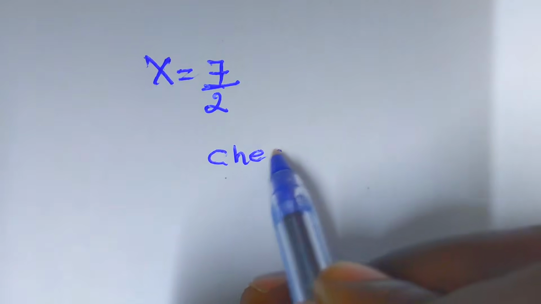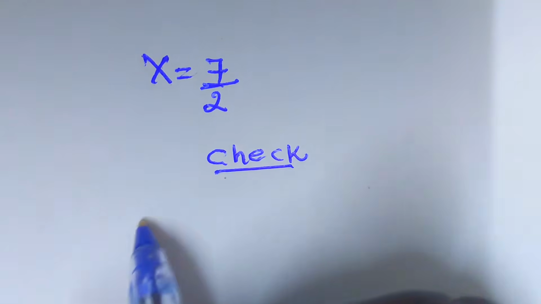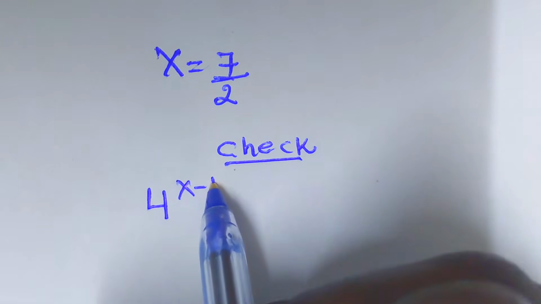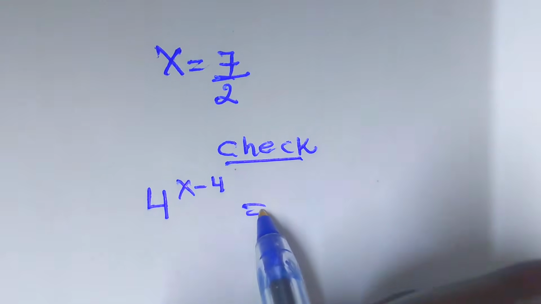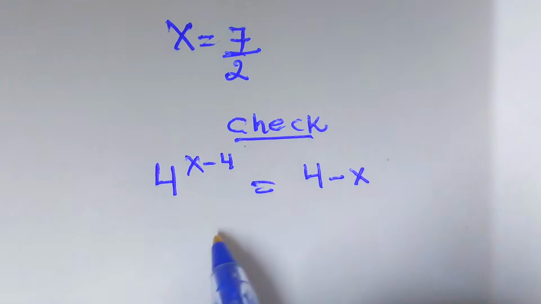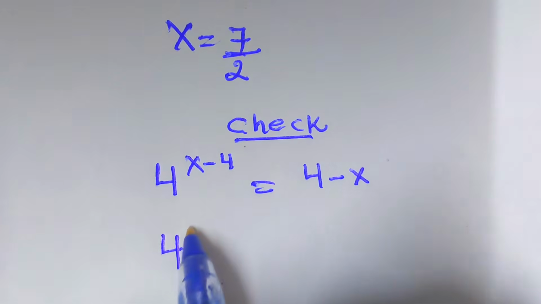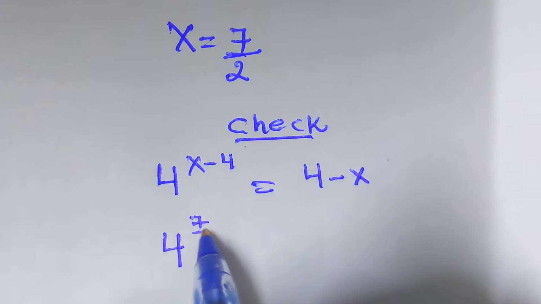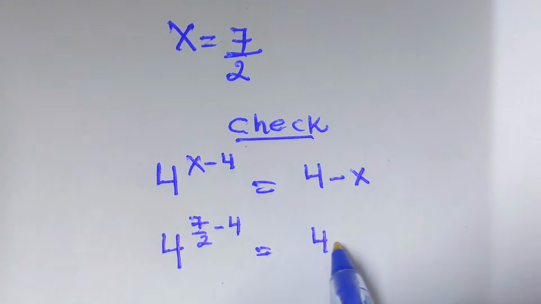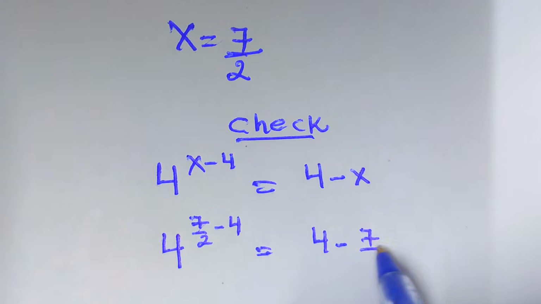Here we have to check if the answer is correct. We were given 4 power x minus 4 equals 4 minus x, and we have 4 power 7 over 2 minus 4 equals 4 minus 7 over 2.